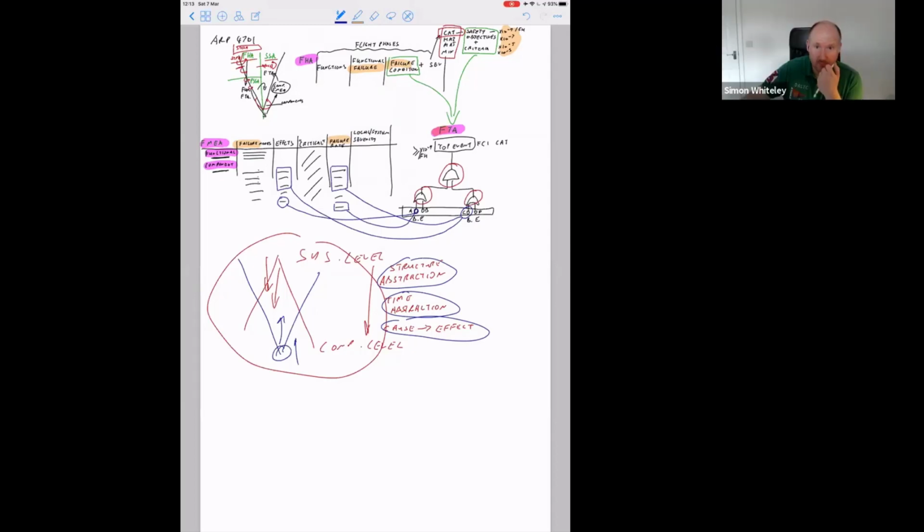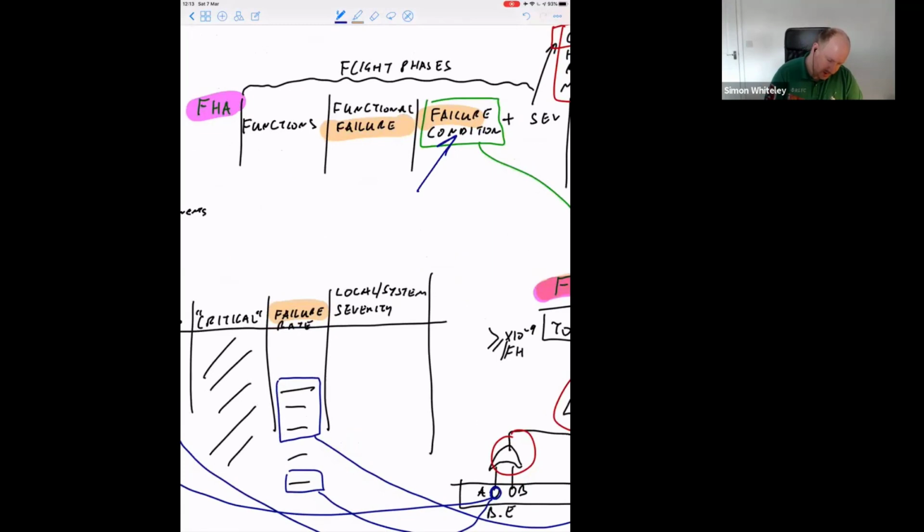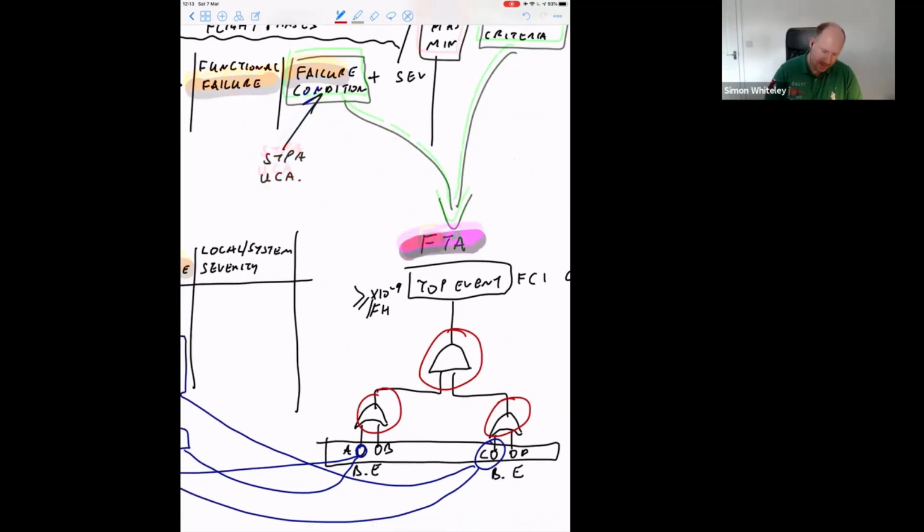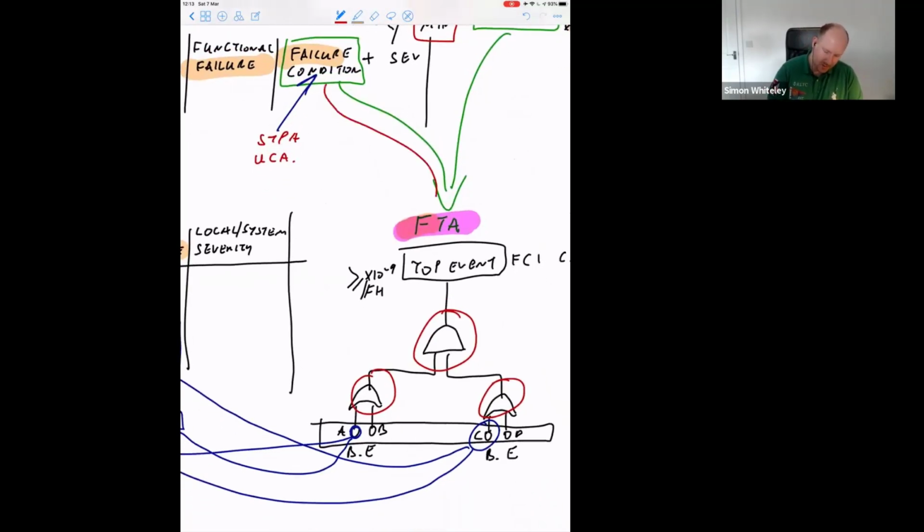Yeah. Well, the functional failure, the failure conditions here, they are the equivalent to the STPA unsafe control actions. That's basically the same. Now the challenge then is traditionally they'd go and start doing fault trees, whereas with STPA you would start defining causal scenarios by analysing your control loops.